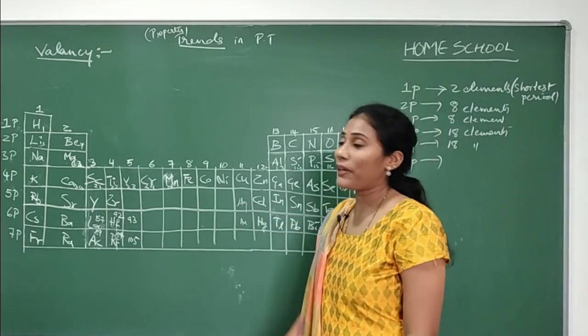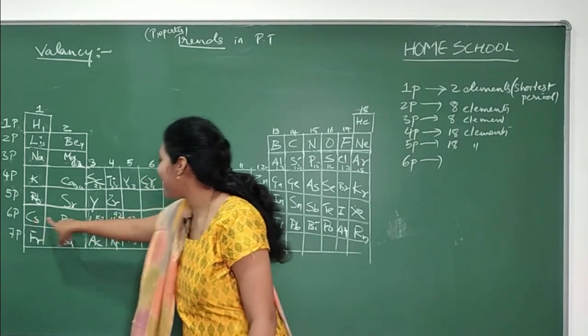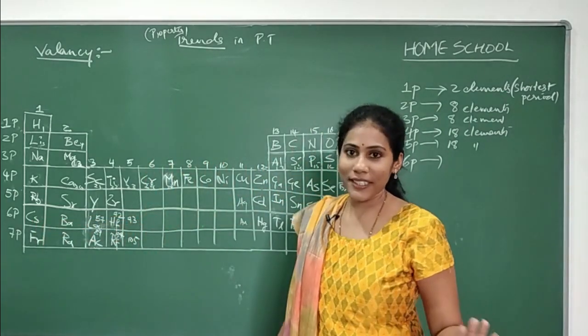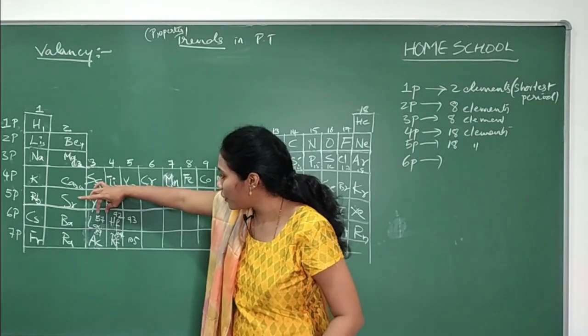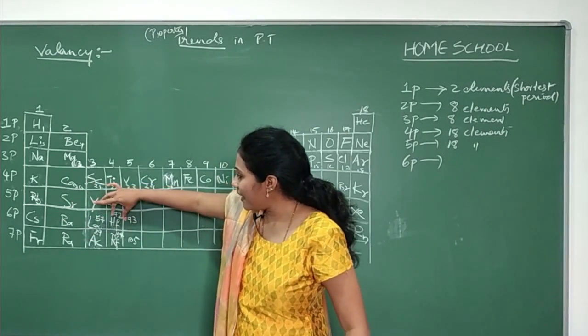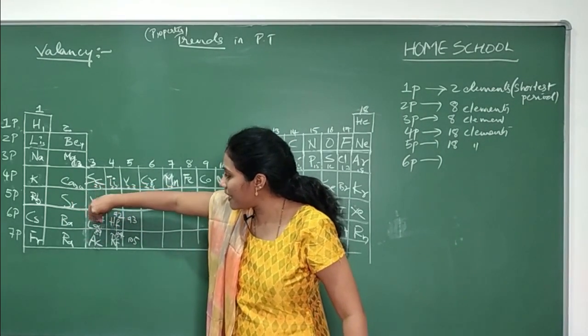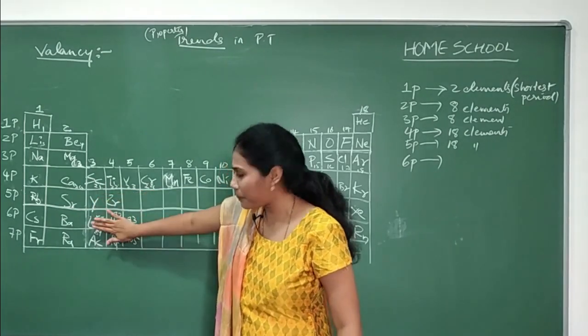For the sixth period you have to think very carefully. How many elements? Not 18. I told you 57 and here 72. These 14 elements will come here only. Their position is here.